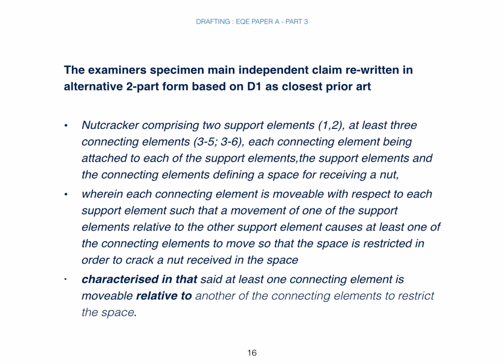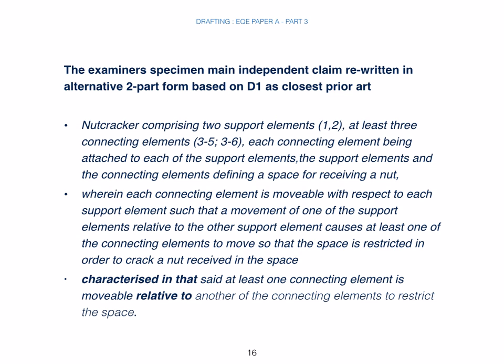Now I've put in a wherein clause where I've taken over a large fraction of the examiner's characterizing part, wherein each connecting element is movable with respect to each support element, such that a movement of one of the support elements relative to the other support element causes at least one of the connecting elements to move, so that the space is restricted in order to crack a nut received in the space.